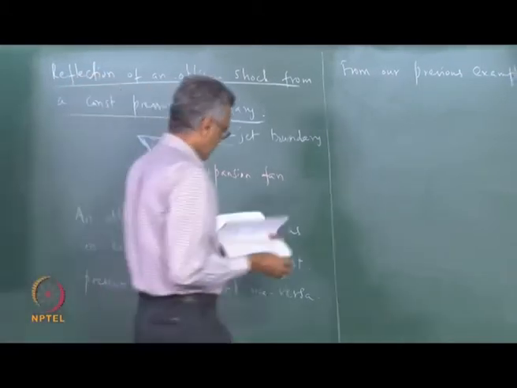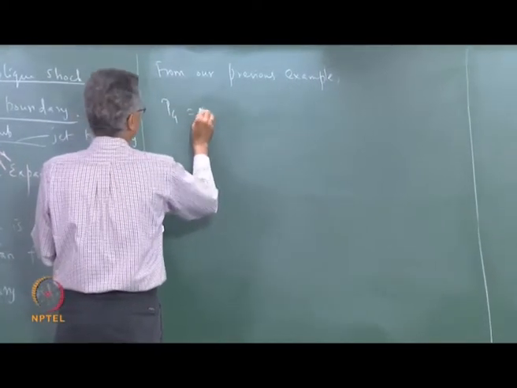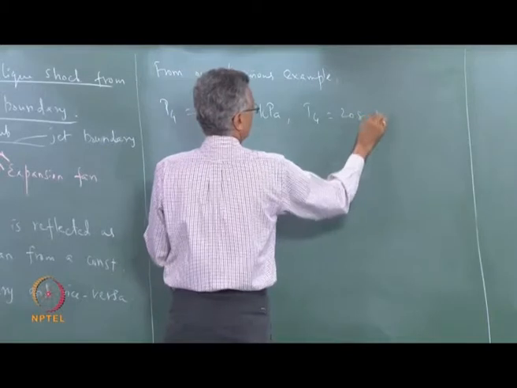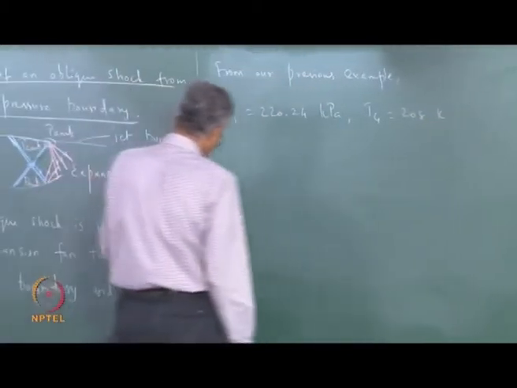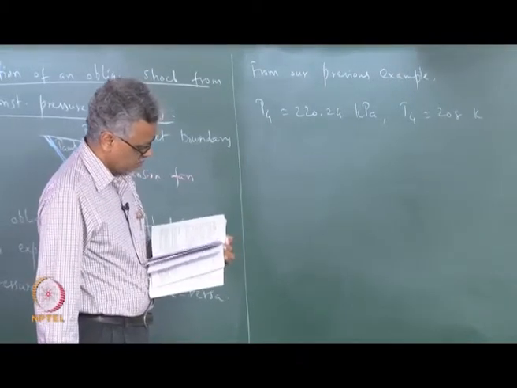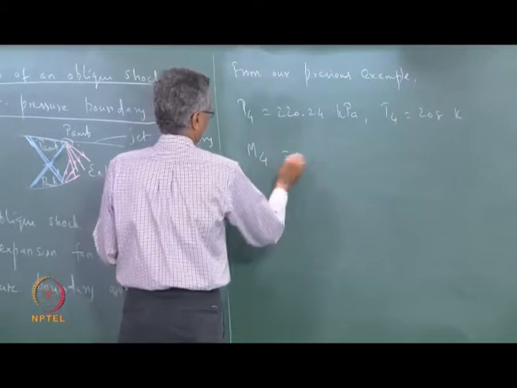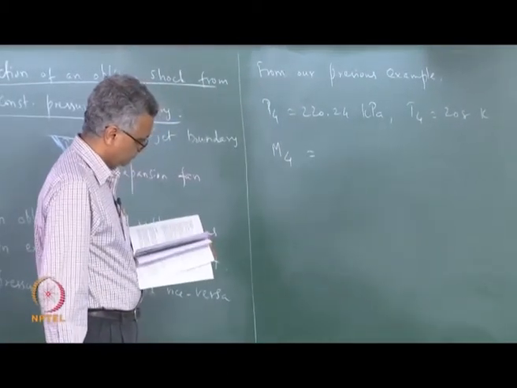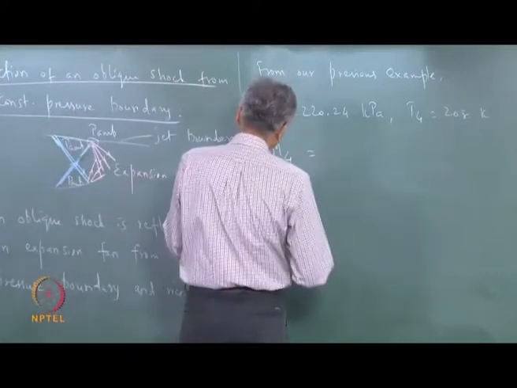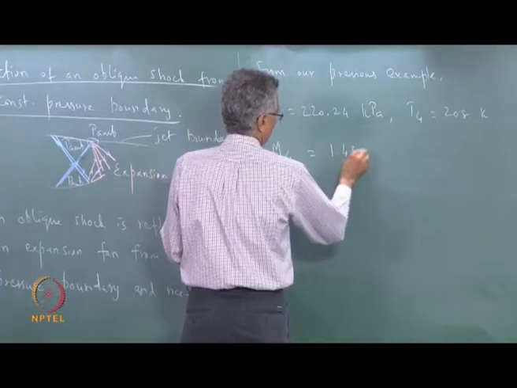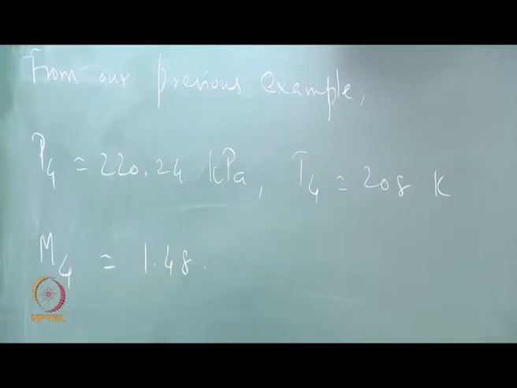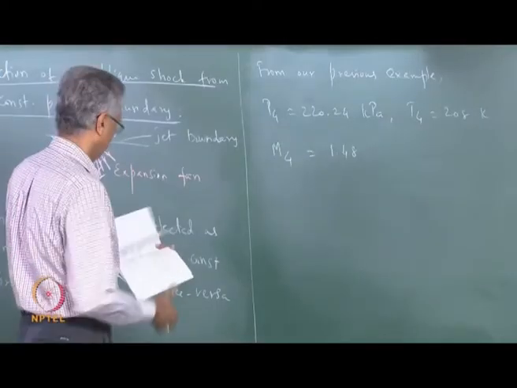We had P4, static pressure in region 4, was 220.24 kilopascal, static temperature in region 4 was 208 Kelvin, and Mach number, can someone tell me what the Mach number was? M4 is 1.48. Okay.